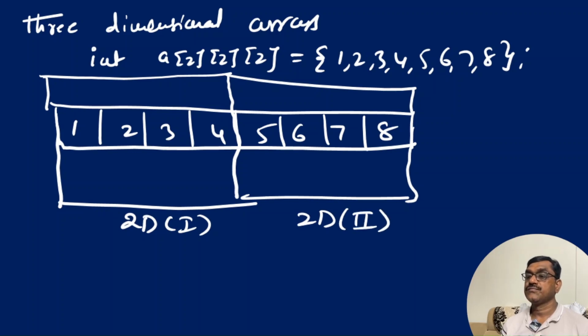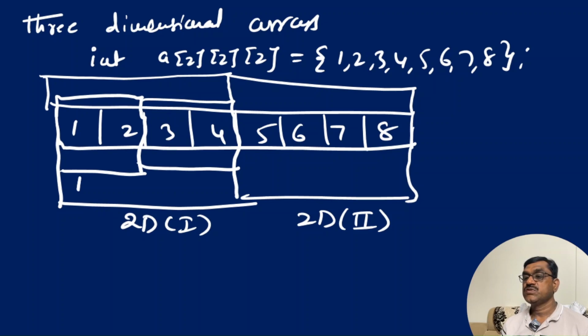Right, now within the first two-dimensional array, I am dividing into two halves. Very carefully listen to this. This is the first one-dimensional array and this is the second one-dimensional array.